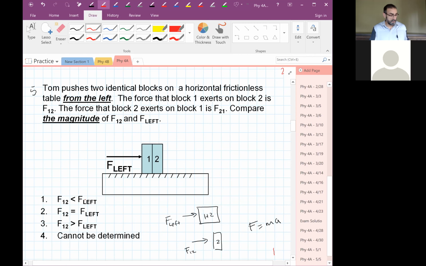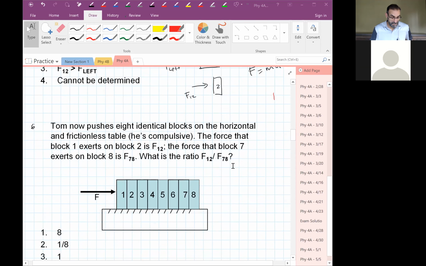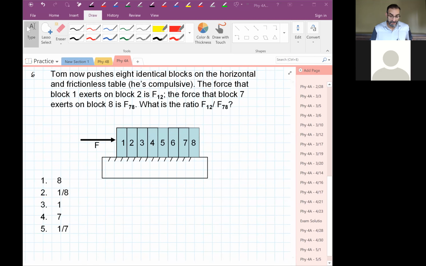Okay. Let's try this one. So we've got 8 identical blocks, frictionless table. The force that block 1 exerts on block 2 is F12. The force that block 7 exerts on block 8 is F78.